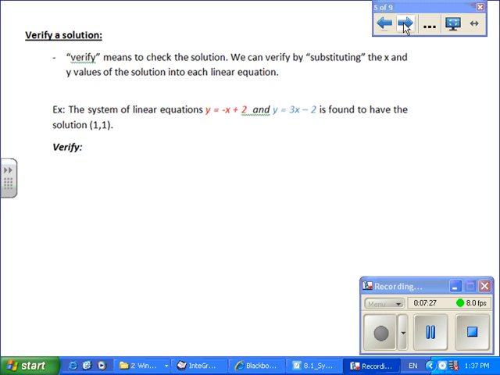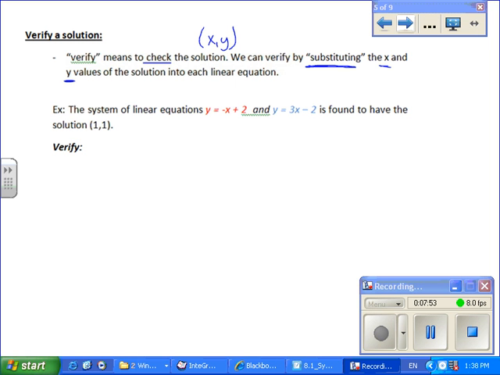This is called verifying. To verify a solution means to check that the solution, whatever that point (x, y) is, satisfies both equations. We can verify by substituting our point, the x and the y value, into each linear equation.